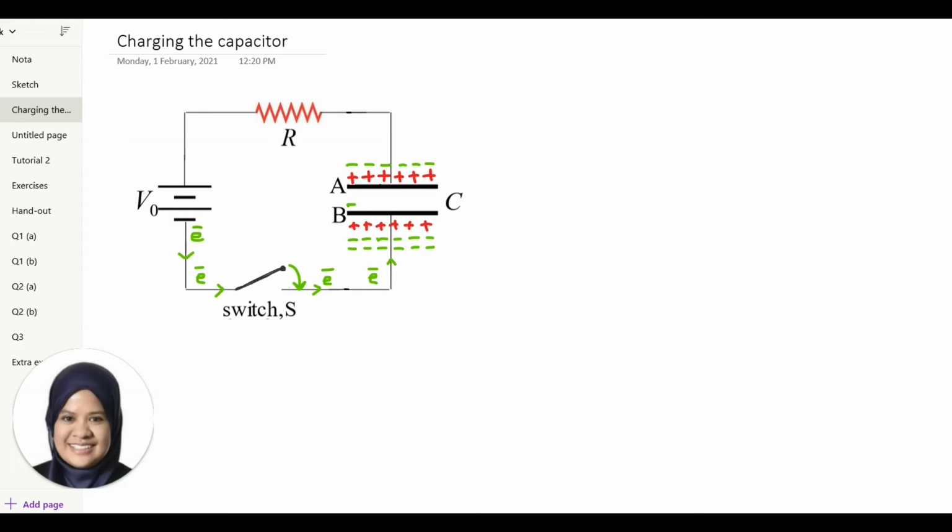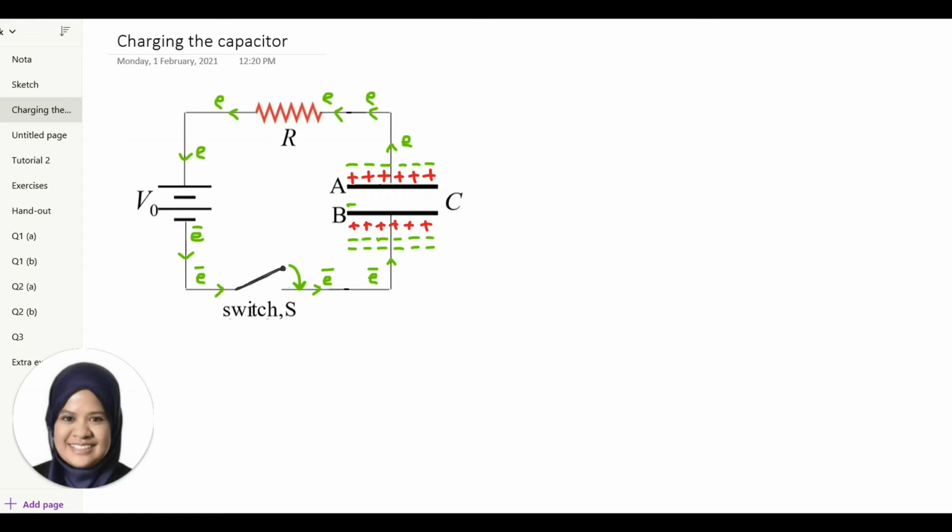Kan? Sebab kita belajar negative and negative will repel each other. So apa berlaku? Elektron akan bergerak meninggalkan plate A to the positive plate of the battery.